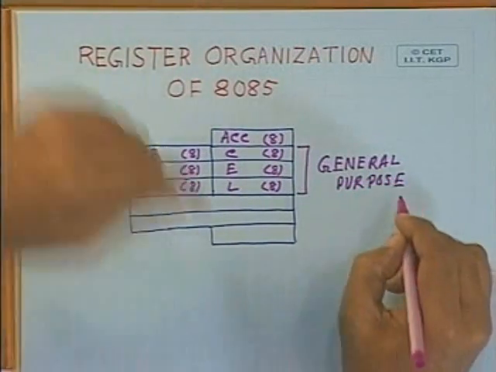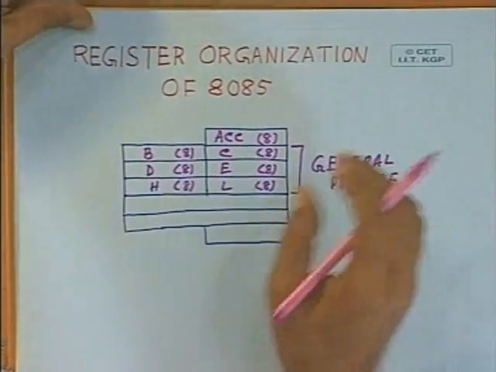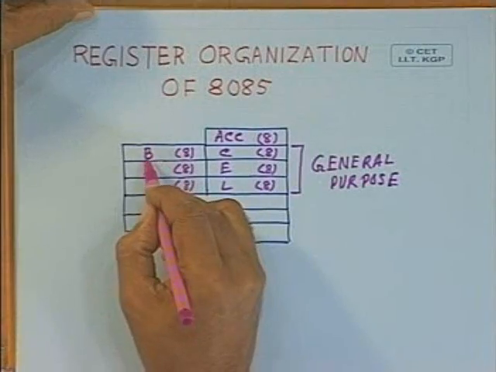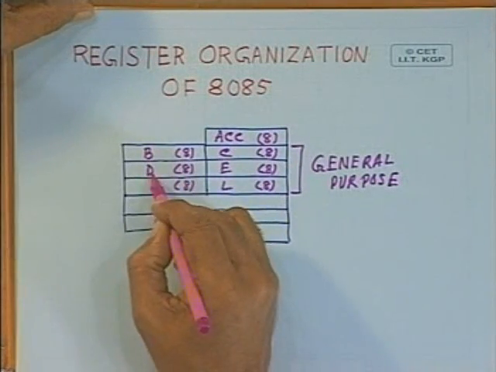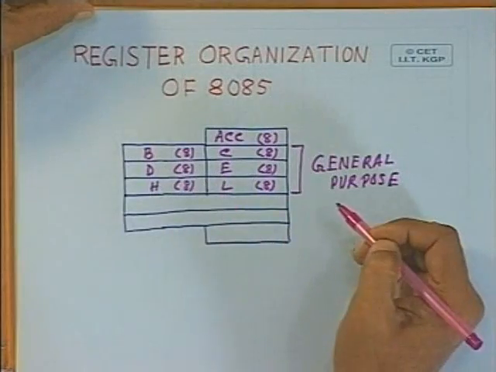Now, as I told, general purpose registers are used to hold data as well as address as and when they are required for different purposes. Whenever you are holding or storing data which is 8-bit in case of 8085, you can access them individually, B or C or D or E or H or L. But whenever you have to store an address which is 16-bit, how do you store it? You will require a 16-bit register.